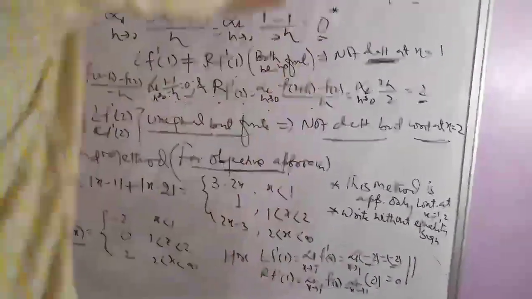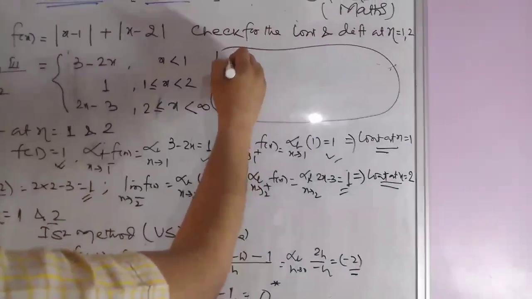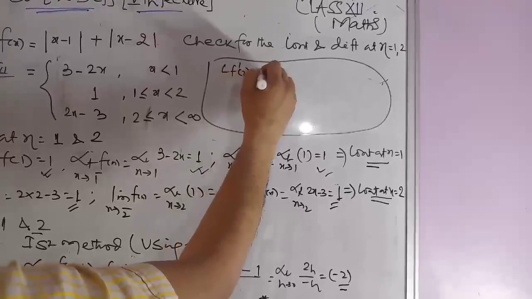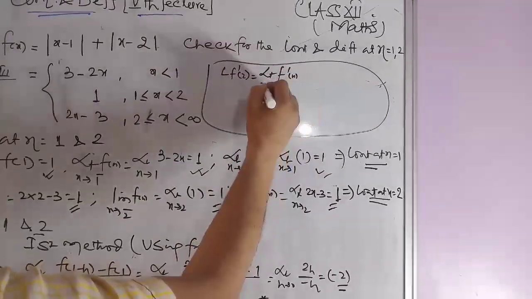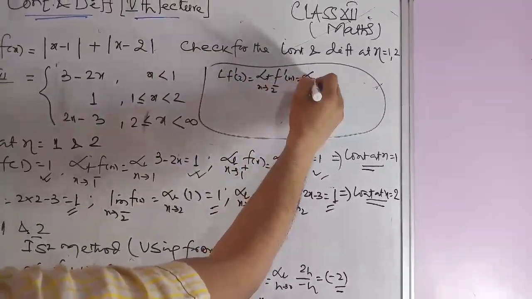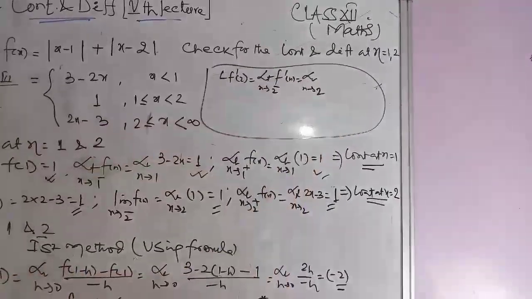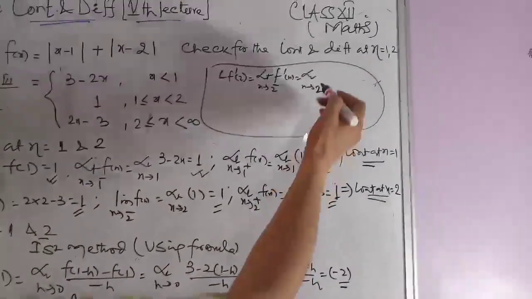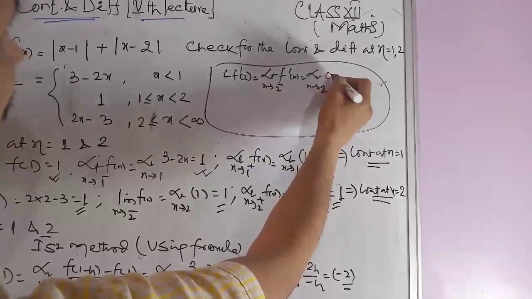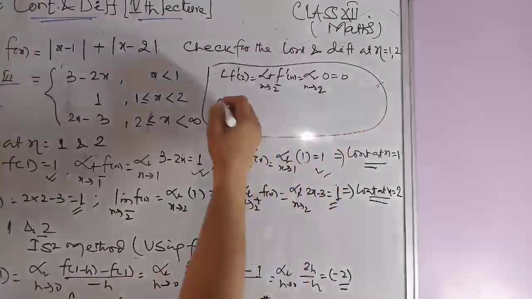Again similarly, L f dash 2, limit of f dash x as x tends to 2 minus, x less than 2, we have the definition of f, f dash x equal to 0, result 0.